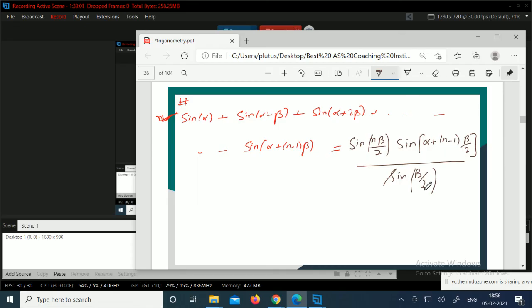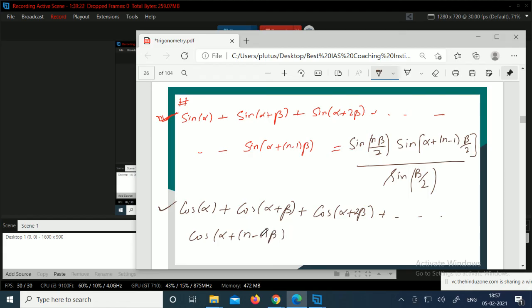Okay, so if this expression is in terms of cos: cos alpha plus cos(alpha+beta), cos(alpha+2beta), up to the same way, the last term is cos(alpha+(n-1)beta). The angle is again in AP format.